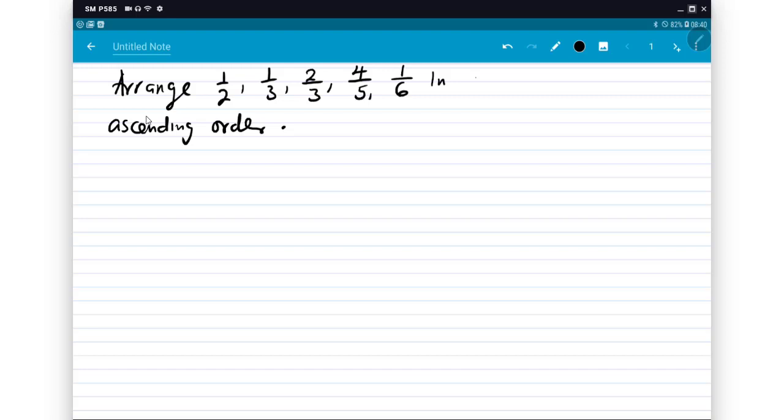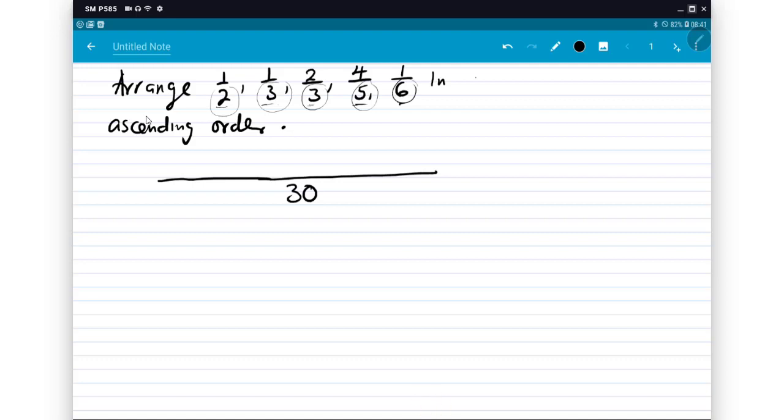Okay, but if you don't want to do that, another thing you can do is to try and see if you can make their denominators the same. And what does that mean? Simply get the LCM of the denominators. And if you do that, the LCM of these denominators, 2, 3, 5, and 6, will be 30. That is the smallest number they all can divide into.